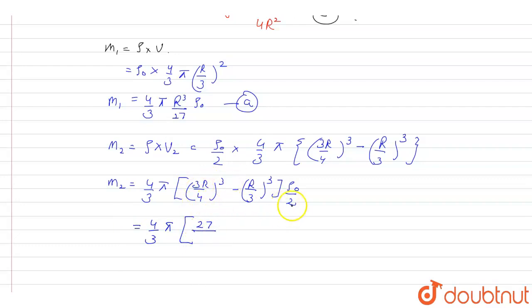Upon 4 cube multiplied by 2, right? 1/2, if I multiply it inside, I will get 27/128 minus 1/54, right? And I'm taking r³ common. So I will have r³ρ₀. So let's say this is equation B.